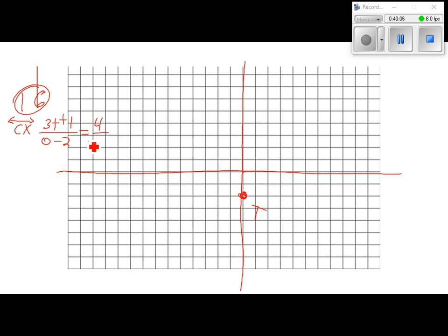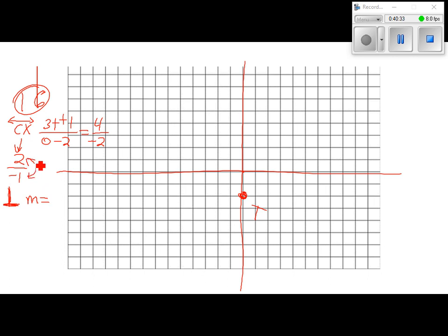0 minus 2 is -2. We can reduce that down. 2 will go into 4 twice. 2 will go into -2, -1. So that's the slope of line CX. But we don't want the slope of line CX. We want the slope of a line perpendicular to it, which means we want the opposite reciprocal. So we flip this over and we change the sign.